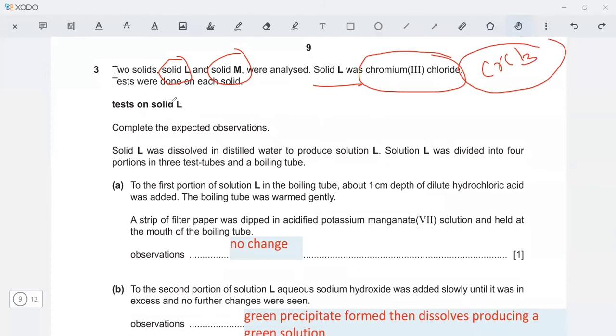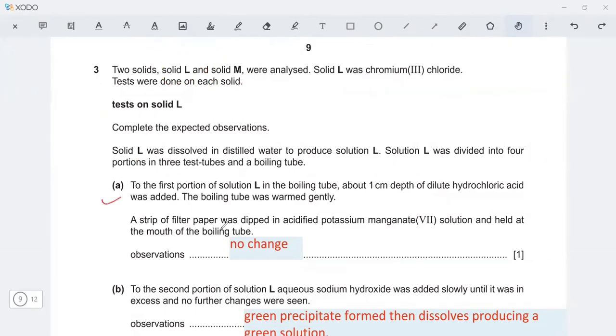Tests were done on each solid. Test on solid L: complete the expected observations. Solid L was dissolved in distilled water to produce solution L. Solution L was divided into three portions in test tubes and boiling tubes. A. To the first portion of solution L in the boiling tube, about 1 centimeter depth of hydrochloric acid was added.